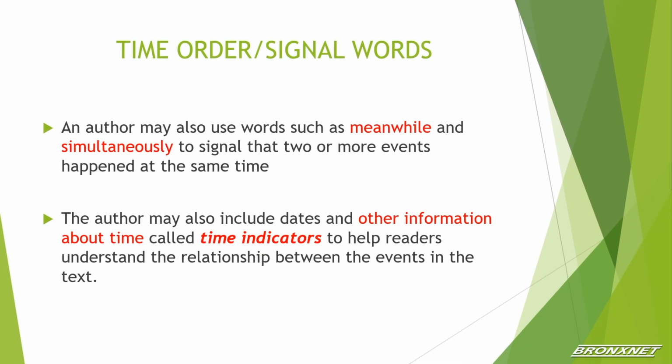Additionally, authors may also use words such as meanwhile and simultaneously to signal that two or more events happened at the same time. The author may also include dates and other information about time, called time indicators, to help readers understand the relationship between the events in the text.